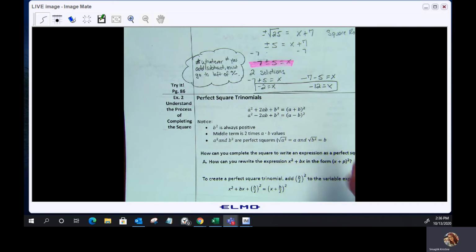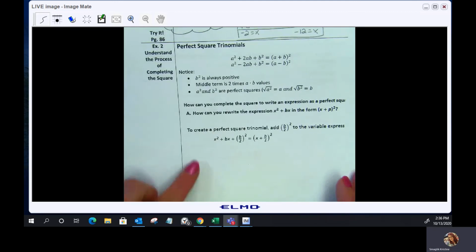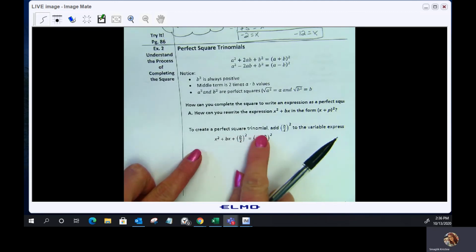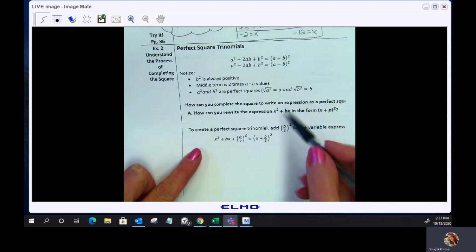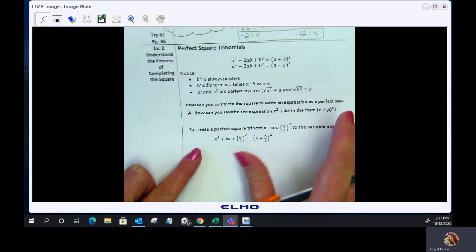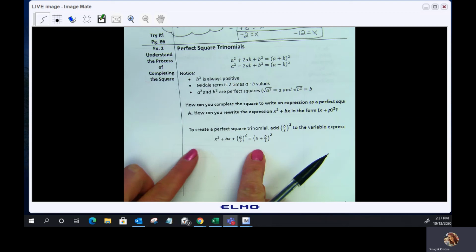We take an expression and force it into the form of a perfect square trinomial. We take whatever the b value is, divide it by 2 and square it, and add that to both sides of the expression, and then we'll be able to factor it nice and easy.